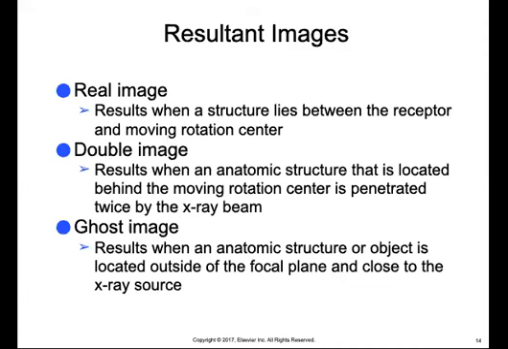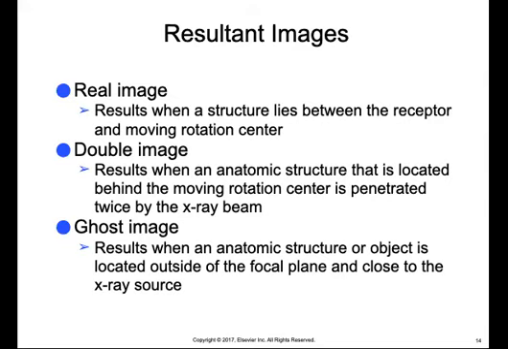During the panoramic exposure cycle, some anatomical structures are penetrated twice by the X-ray beam because of the rotational imaging process. The location of these structures determines what type of image results, and this can be a real image, a double image, or a ghost image.